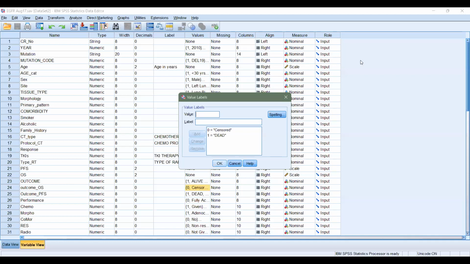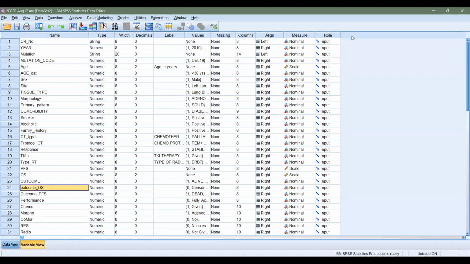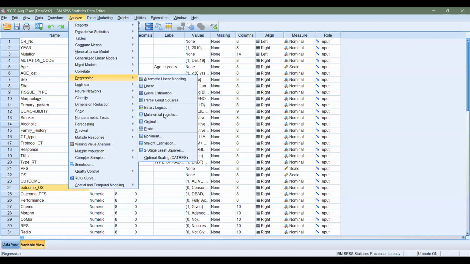I'm going to share the output window and apply this data there. First let me do this, because the output window will not be there with a different data set. For applying logistic regression, we have to go to binary logistic regression. We also have multinomial logistic if we have ordinal data. For binary, this window will pop up.